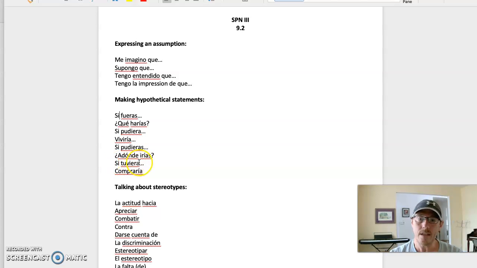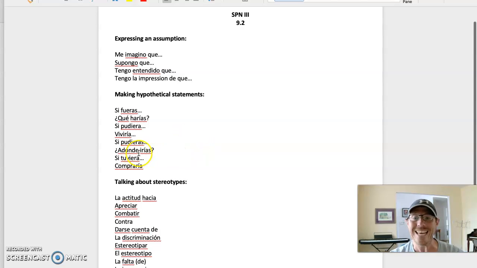Si tuviera, and compraría. Again, you want to just work through those and practice pronouncing them a few times as well. Some of them can be a little bit difficult at first. I know the first time I saw irías, I had to kind of change the way that I use my lips and tongue to pronounce things. You have to kind of overwork your mouth to get these corrected the first few times.